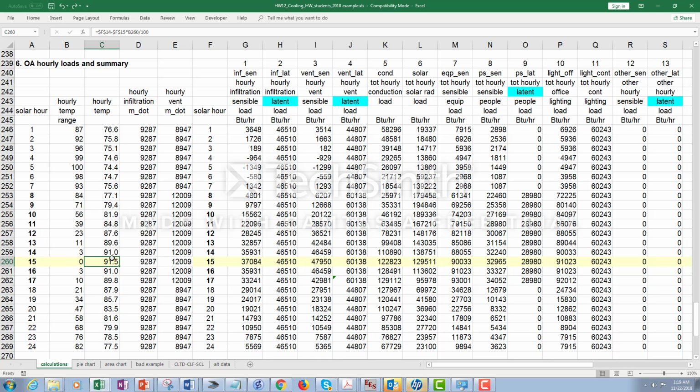Zero here is the hottest hour. The fifth hour is the coolest hour. We're subtracting 17.1 from 91.5. That's the coolest hour of the day. So we use that temperature in the difference to calculate the sensible load. The latent load, though, doesn't change because we're assuming the humidity ratio doesn't change.